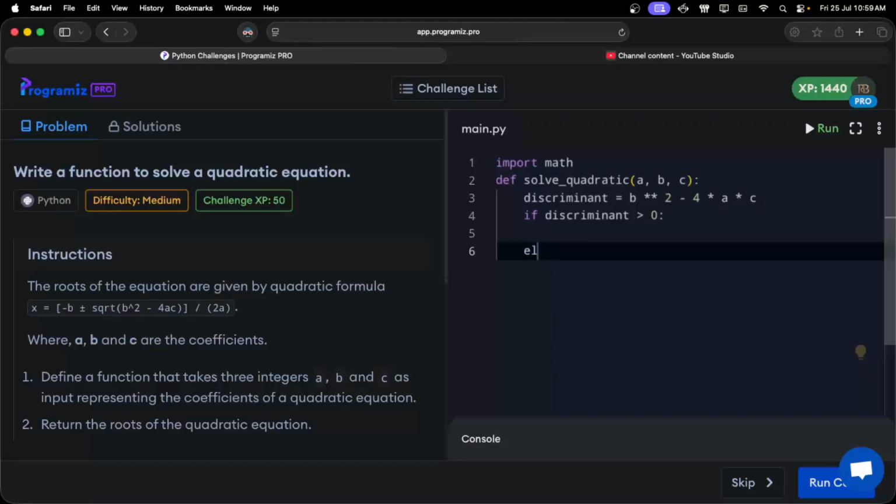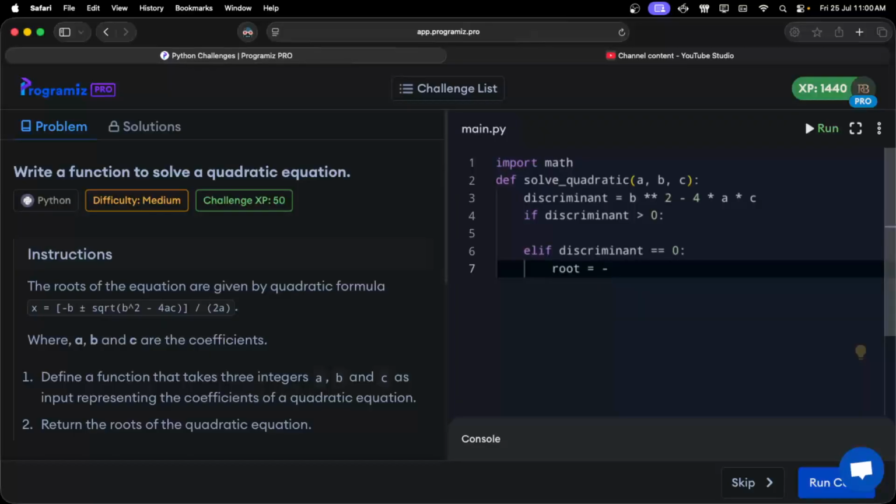Elif discriminant equals 0. So in that situation, what do we do? Root equals to, since the discriminant is 0, that means we simply have minus b divided by 2a only, right?